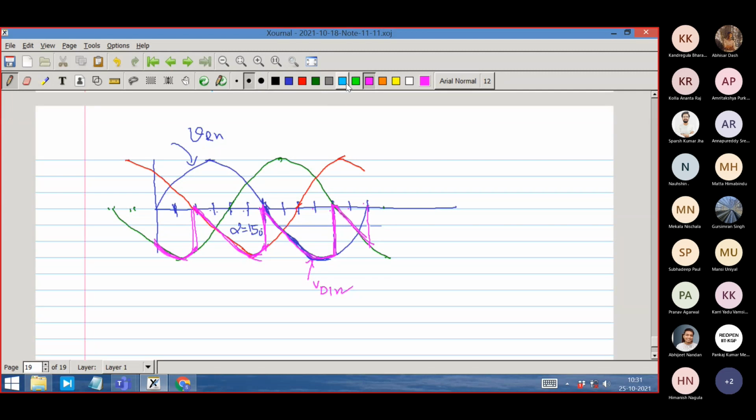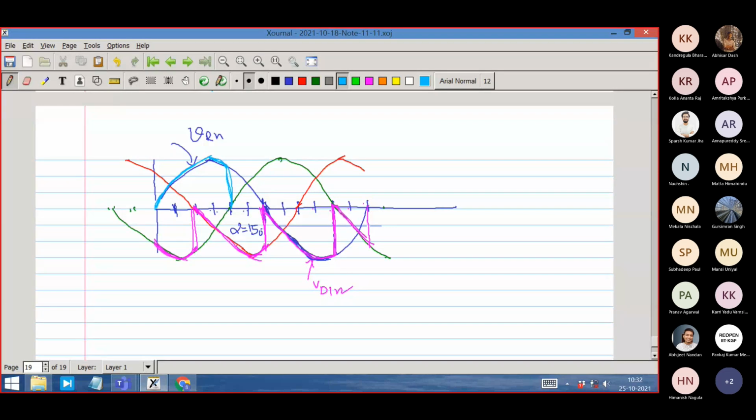Another color I will take. Let me take this color. This is the portion of chunk of the voltage done by the bottom thyristors. So this is the voltage, and then coming down to 0.